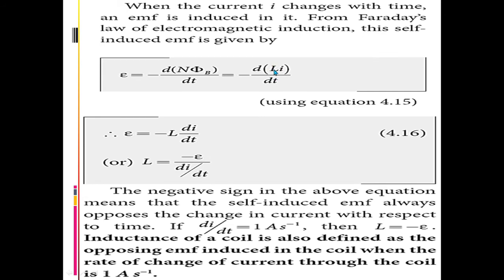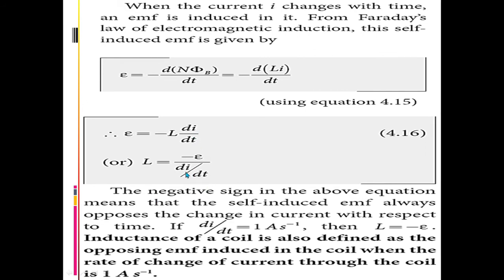So we only differentiate the I term, and the equation can be written as epsilon is equal to minus L di by dt. Rearranging this step, we obtain L is equal to minus epsilon divided by di by dt.